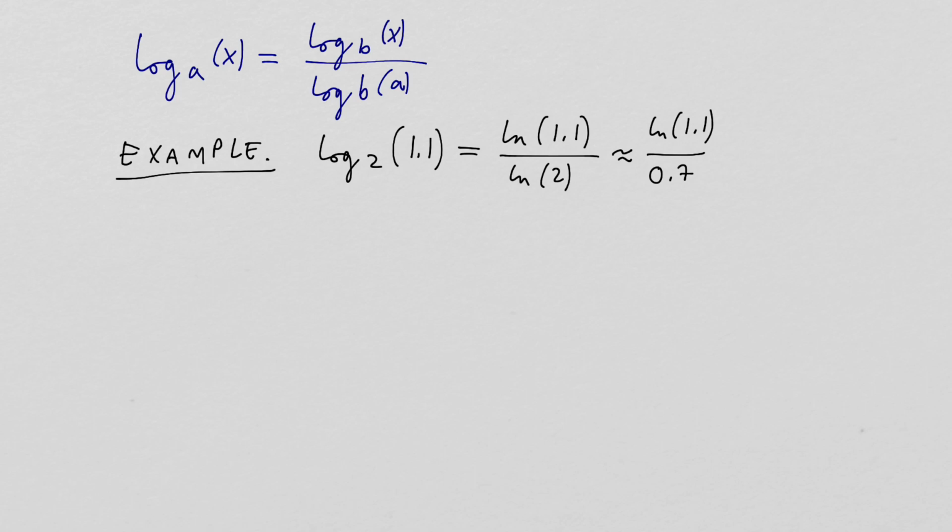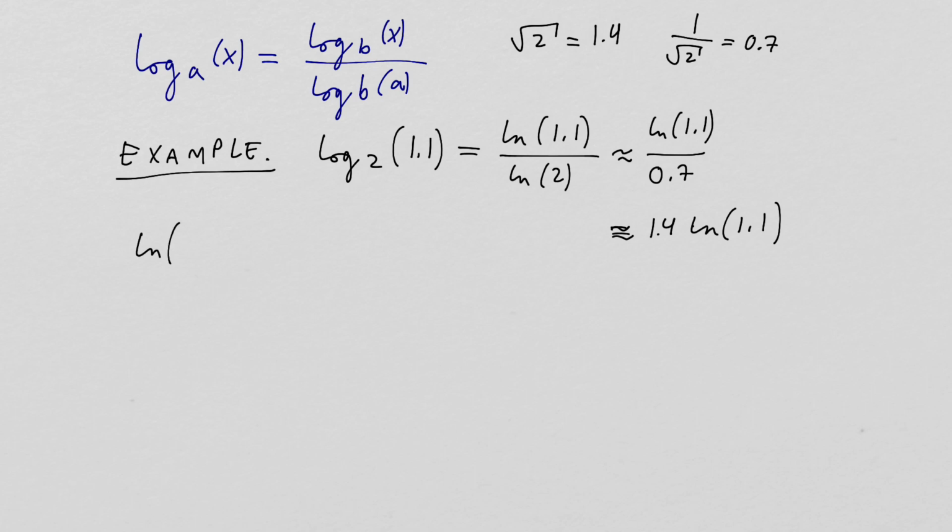I remember another fact that the square root of 2 is about 1.4 and 1 over square root of 2 is about 0.7. So the latest quantity I can express about as 1.4 times the natural logarithm of 1.1.